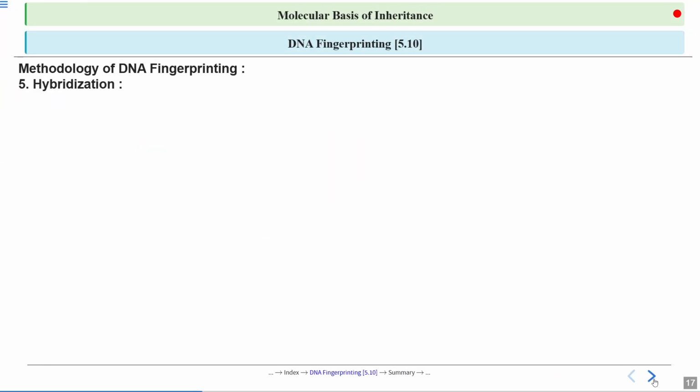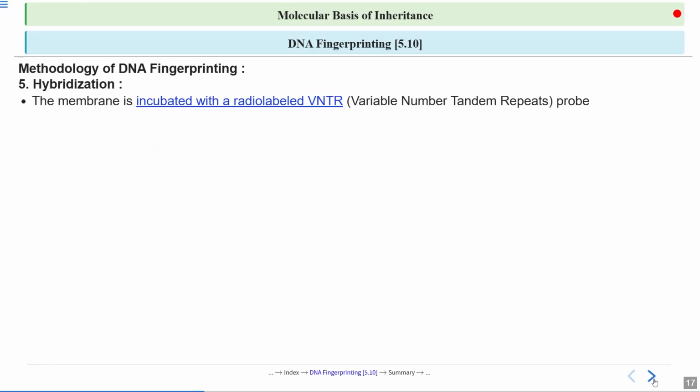Then we do the hybridization. Now the membrane is incubated with the radiolabeled VNTR, that is variable number tandem repeats, probe. The membrane onto which we have transferred the DNA fragments from the gel already has the radiolabeled VNTR probe.